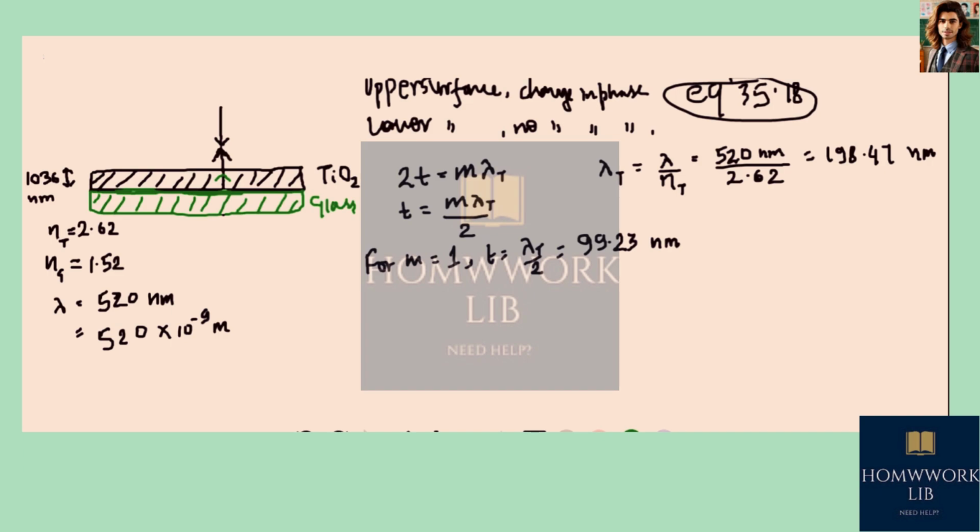So it should be more than 1036 nanometers. If we do a trial, for m equal to 11, the thickness would be 11 times 99.23, which is just above 1036, and comes out to be 1091.6 nanometers.